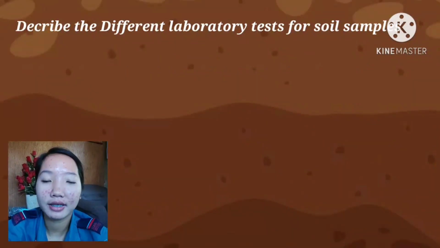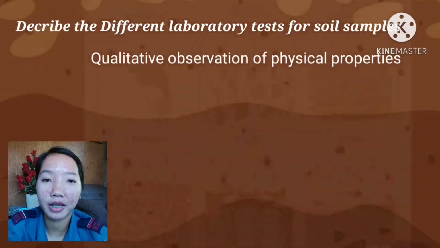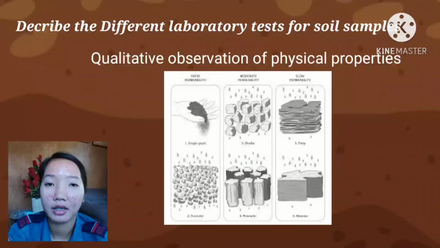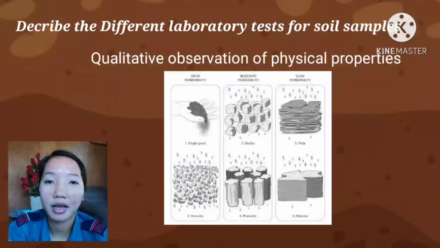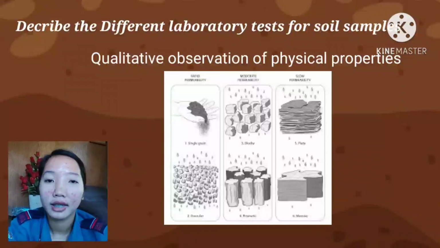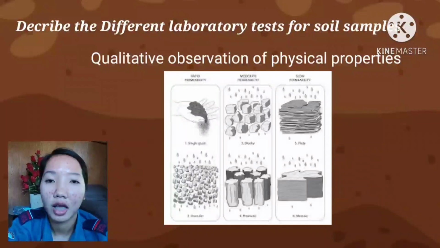And last is the qualitative observation of physical properties, ay maaari ding ma-i-analyze ang soil samples. At ang dalawang samples ay pwedeng magkumparahin sa colors, texture, particles, shapes, and mineral compositions.